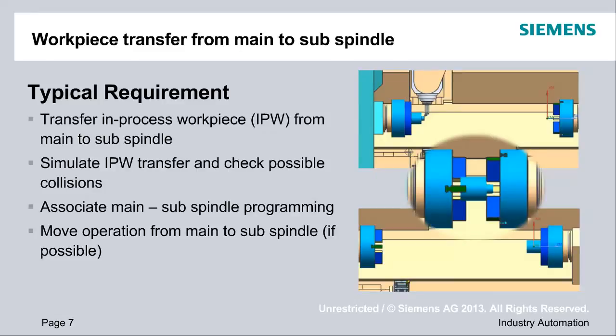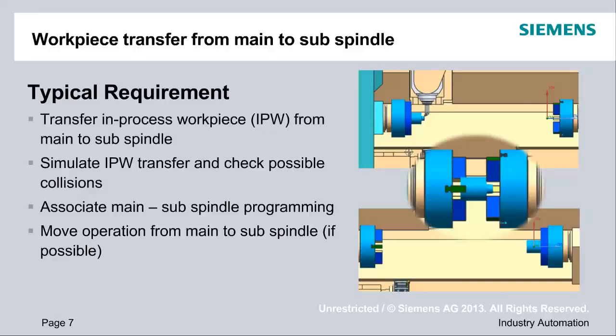The next challenge, after you program the main spindle, in this case the left side of your spindle, with your operations, is the requirement to move the IPW from the main to the sub-spindle. In NX we have functionality to make this more or less automatic, and I want to show you how this is programmed in NX.